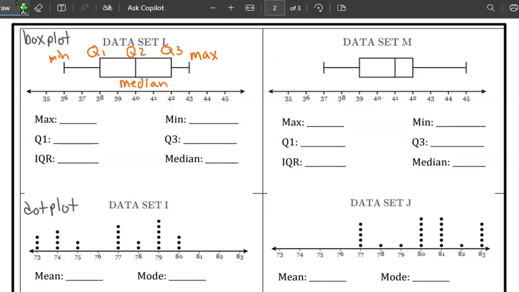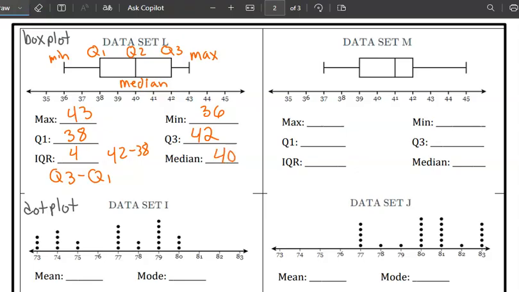All right, so using this, the maximum looks like it's 43, the minimum 36, quartile 1 is 38, quartile 3 is 42. The interquartile range would be quartile 3 minus quartile 1, which in this case would be 4, and then the median is quartile 2, that's 40.